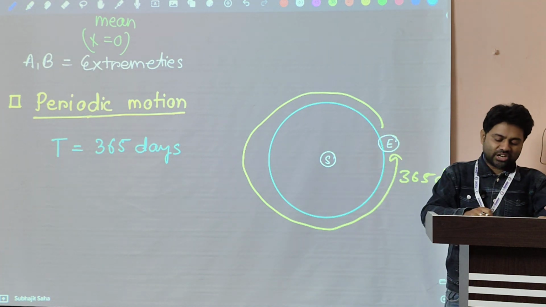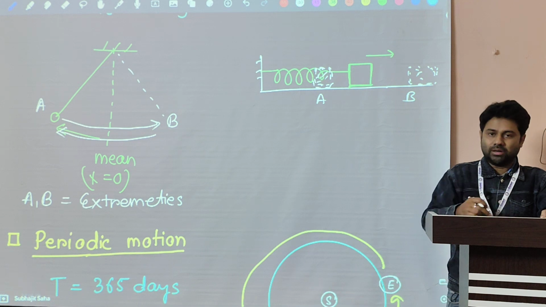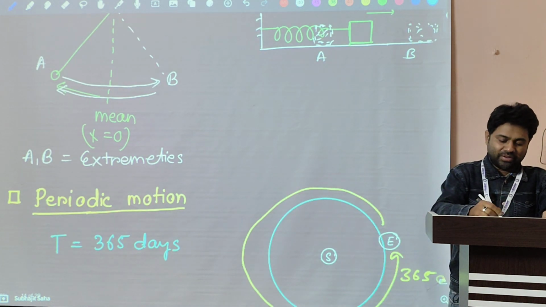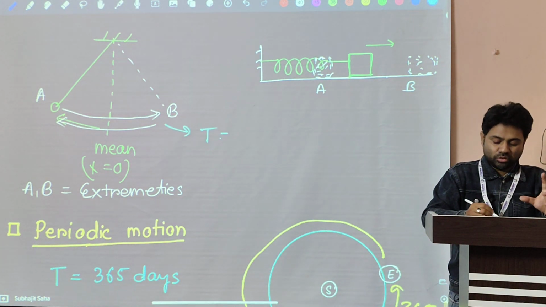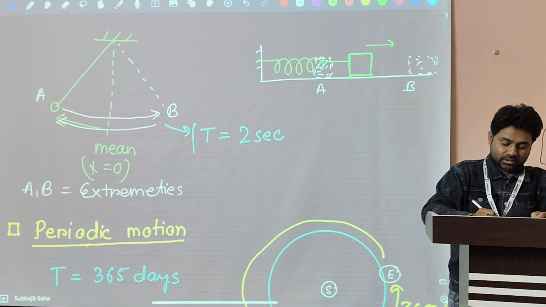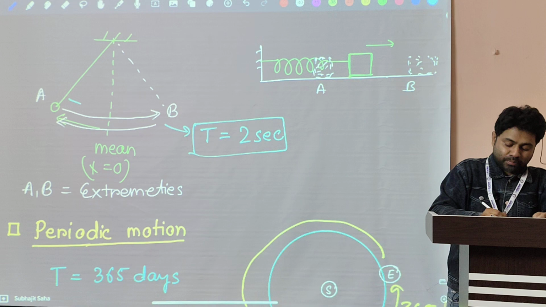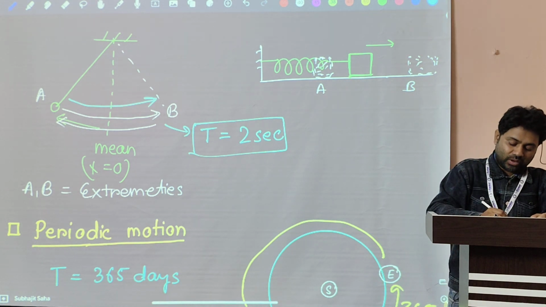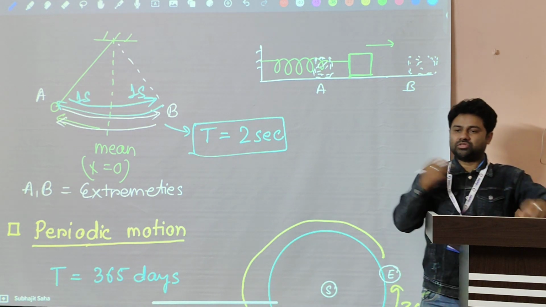Even vibration or oscillations can be periodic. Like consider a pendulum. In the previous example, generally the pendulums that we use, which are simple pendulums, have a time period of 2 seconds. That means the pendulum takes 1 second to go from one extremity to the other, and then takes another 1 second to come back from the right to left.